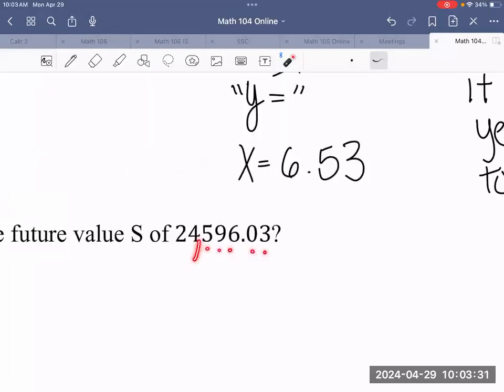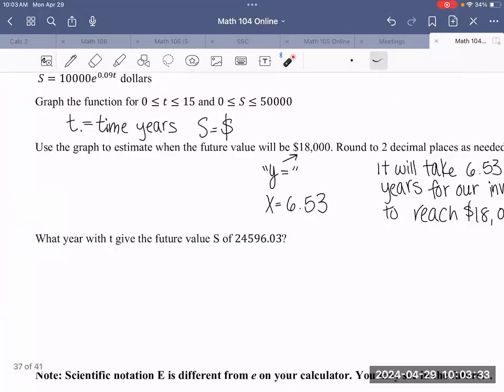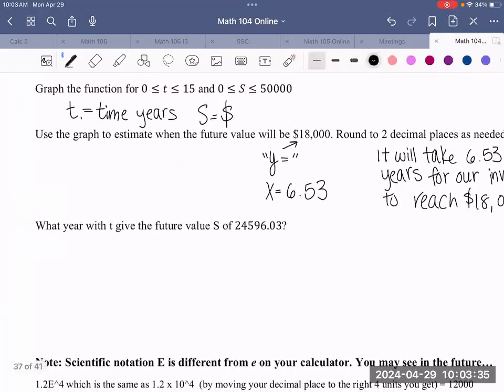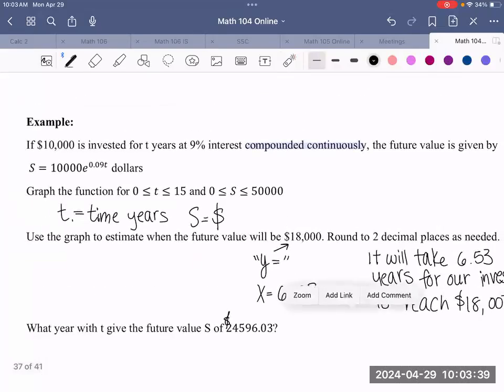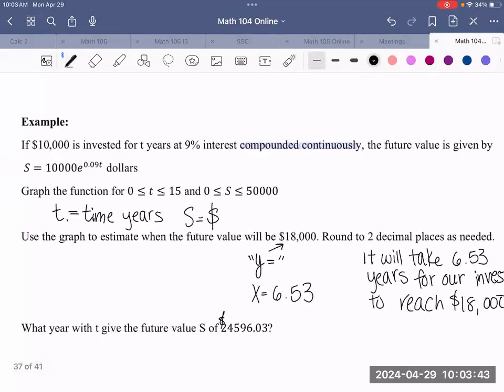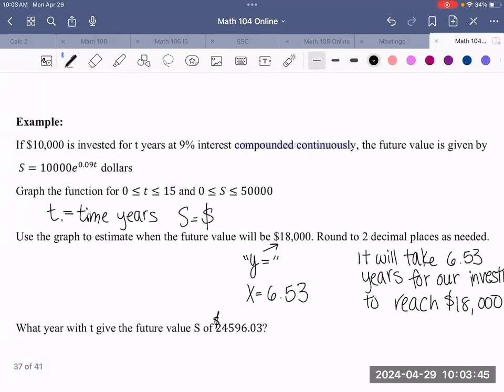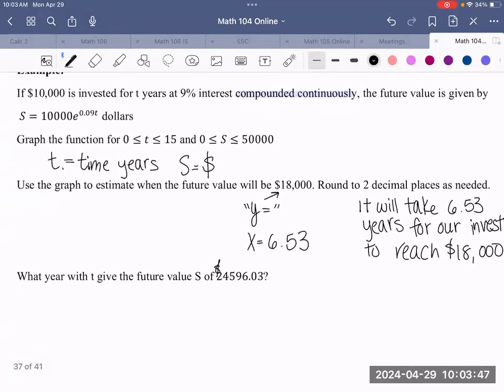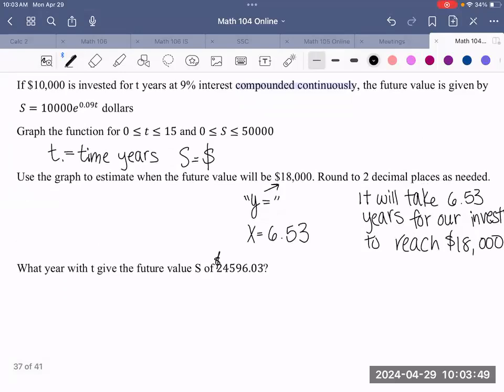So now it says what year will give the future value of $24,596 and 3 cents. Okay, so one more time. Did they tell us we changed our years? Now they don't give us any sort of context to the year. So let's try it one more time.